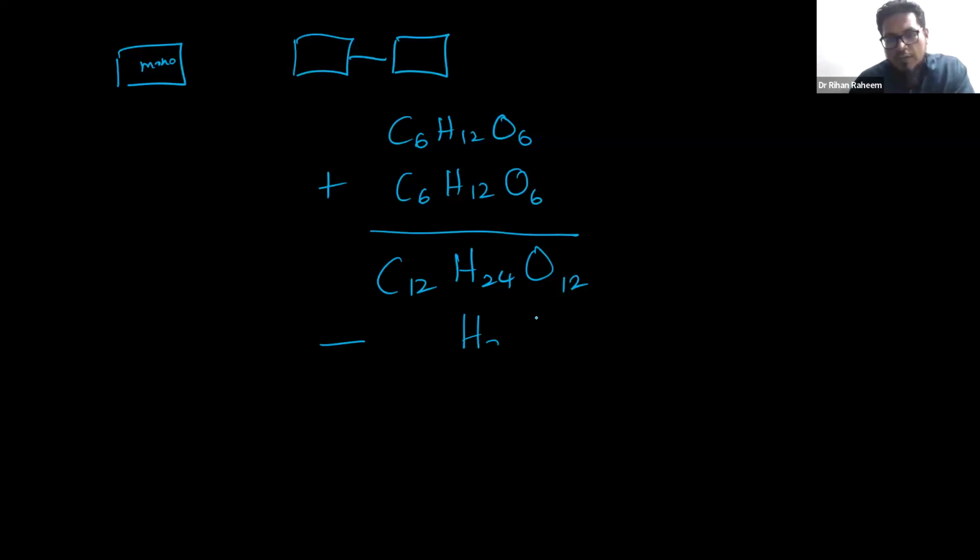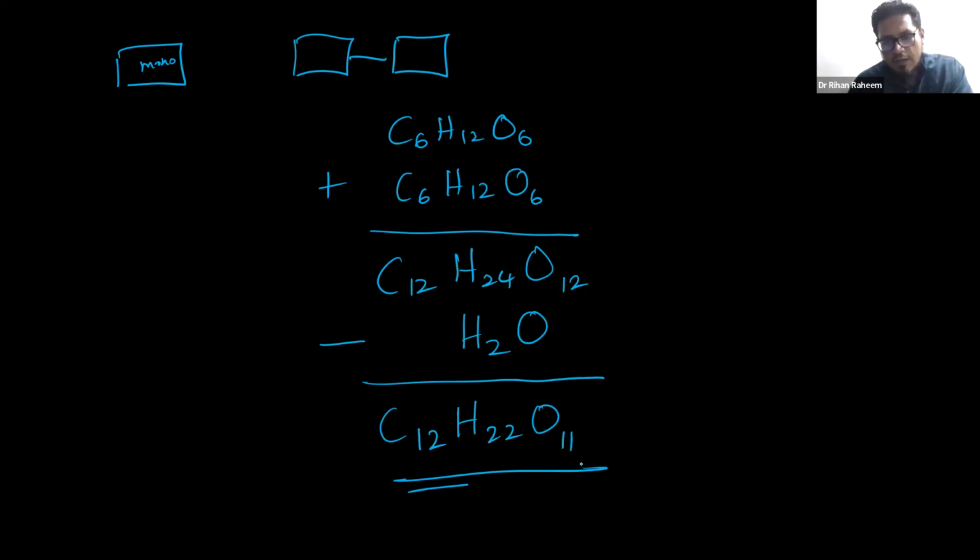One water molecule, H2O. So when you subtract that, we will get C12. H24 minus 2 is 22. 12 minus 1 is 11. Are you clear? Because in textbook, they don't explain like this. They just say, memorize C12, H22, O11. But your mind will ask, how did this become C12, H22 and O11? This is how. Are you clear about it? If you have any doubts, please ask.